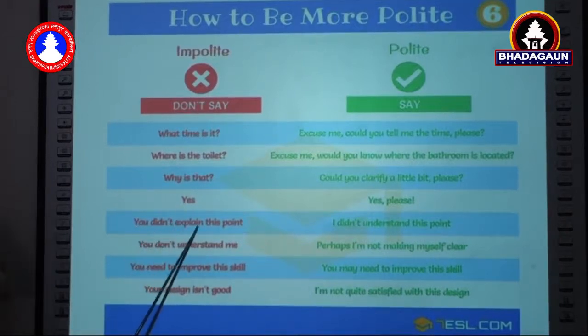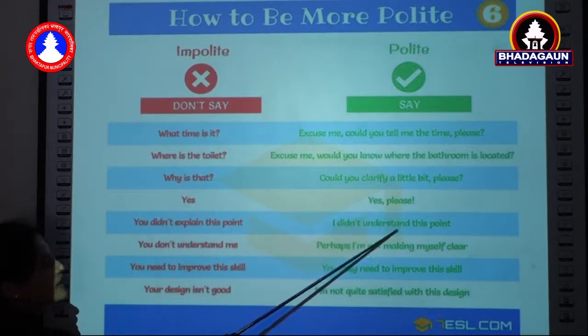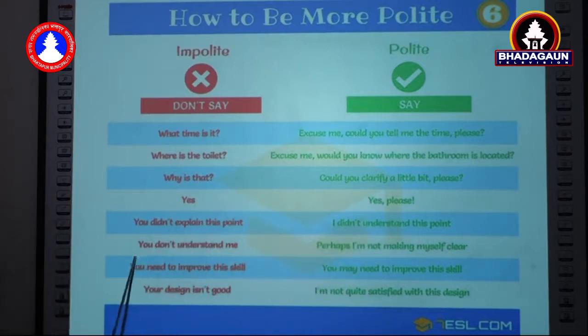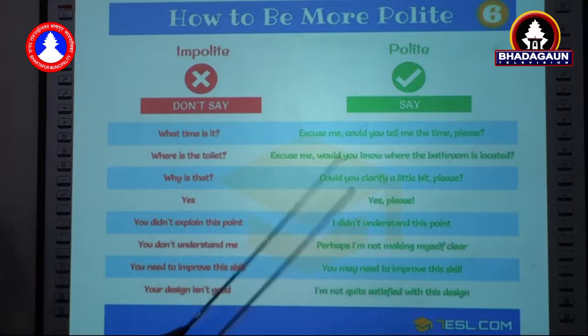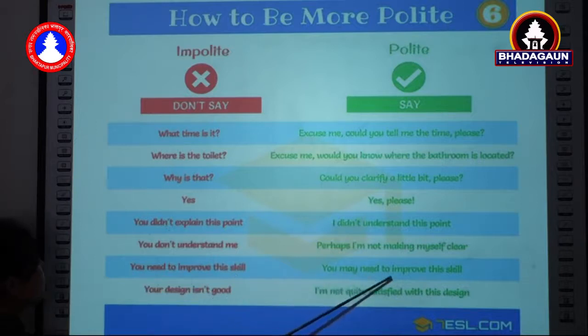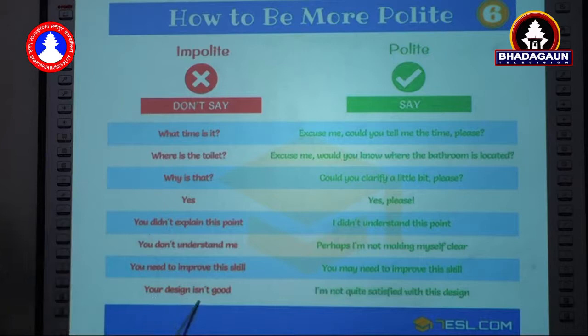"You didn't explain this point." Instead of this, you can say "I didn't understand this point." Instead of "You don't understand me", say "Perhaps I'm not making myself clear." This is a very diplomatic way. Instead of "You need to improve this skill", say "You may need to improve this skill." And next is "Your design is not good."